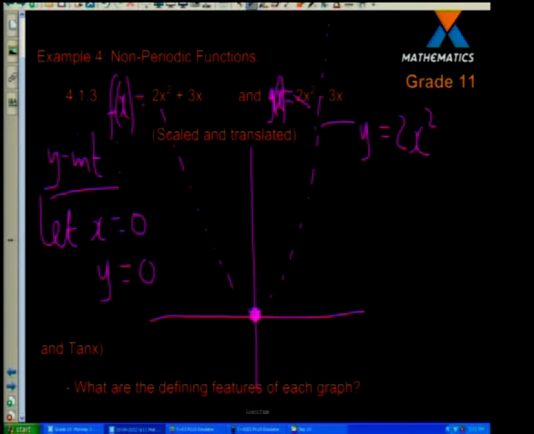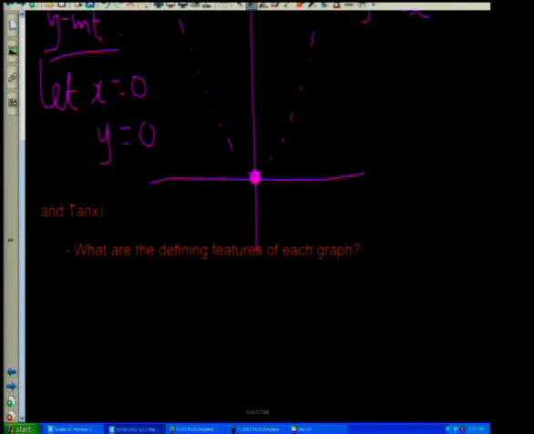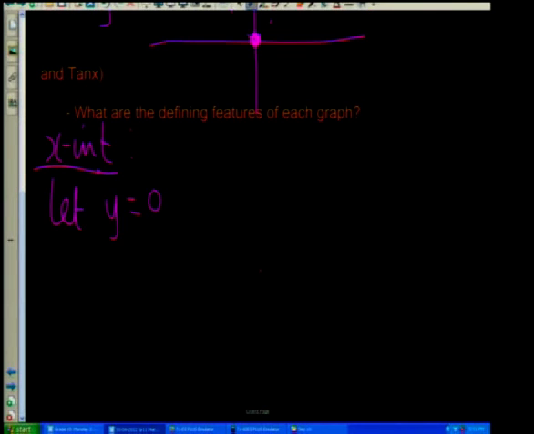What about the x-intercept? If I may just buy space here. For x-intercept, what we do is let our y equal to 0. That tells us that 2x squared plus x will be equal to 0.